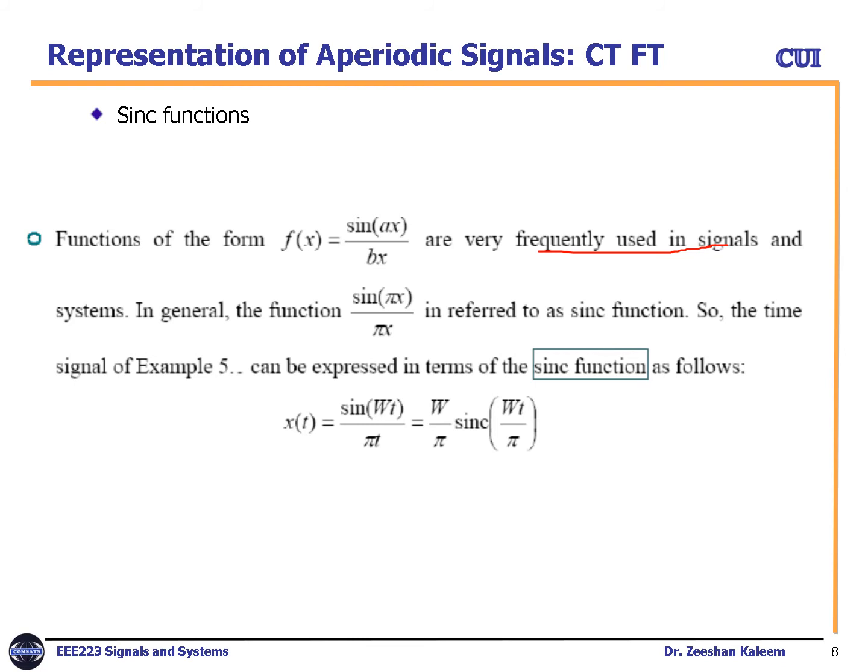In general, the function sine pi x over pi x is referred to as a sinc function, as I already mentioned. Pi theta or pi x, same meaning. So the time signal of the example, we can express using the sinc function as follows: sine wt over pi t, which I already derived in the previous slide, is equivalent to w over pi sinc of wt by pi. So you can write this in terms of the sinc function basically just by doing some manipulations.